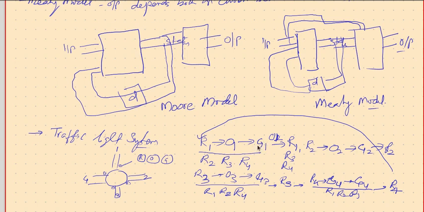But G1 is very much less compared to R1, because when the other three lanes are working, the first lane should be off. Therefore, red will be on for a very long period, orange will be on for a very small period, and green will be on for a moderate period. So that's a little modification we can do.